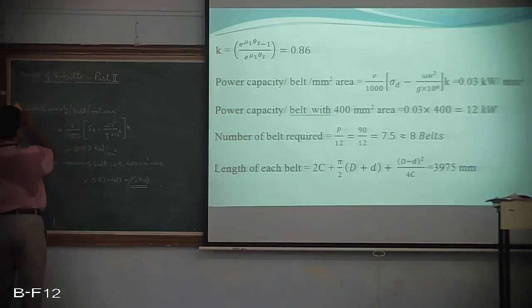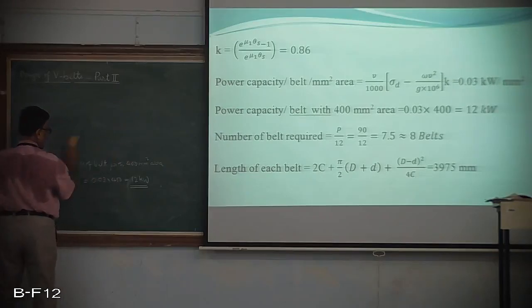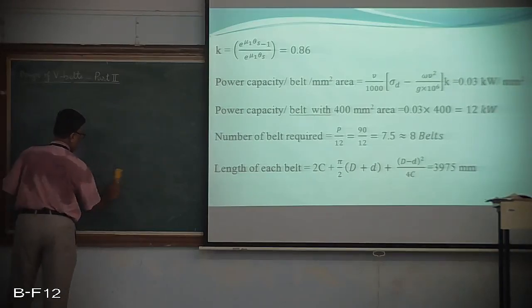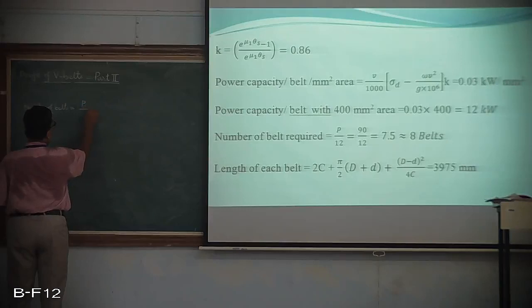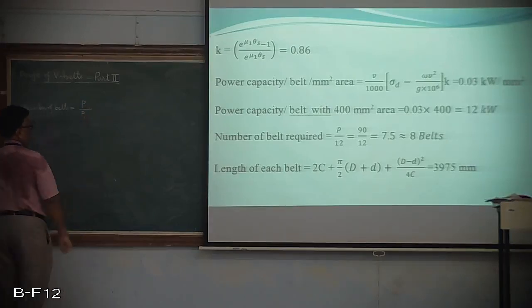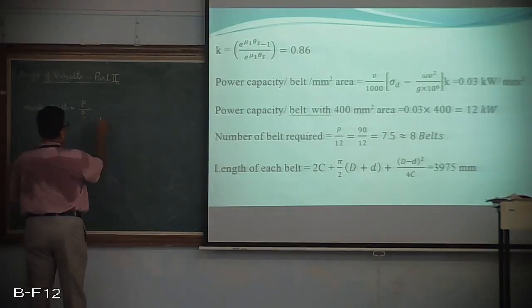In a similar manner, you can now find out the number of belts required. This is given by the total power divided by the power per belt. The total power is given.